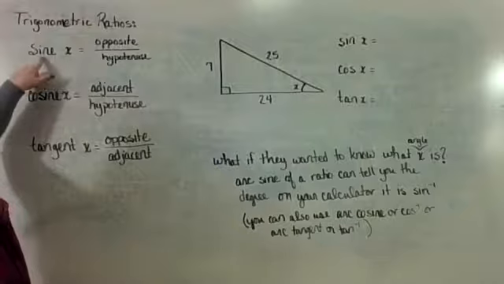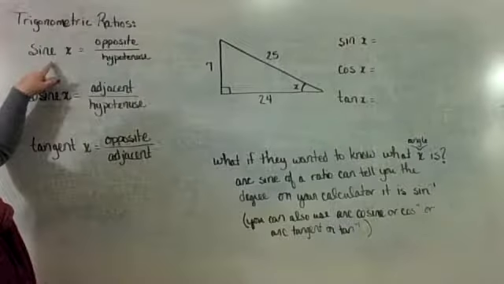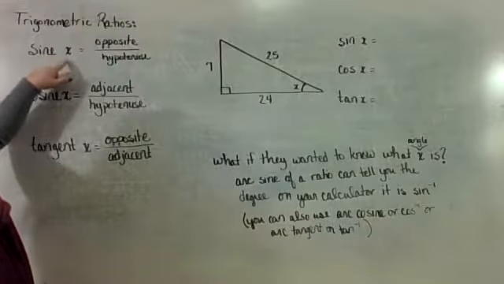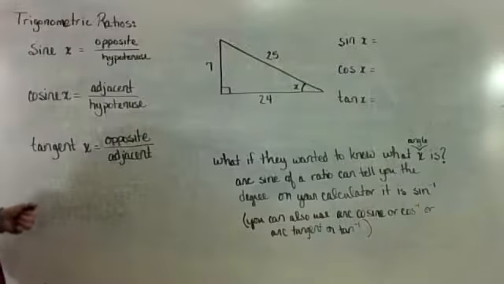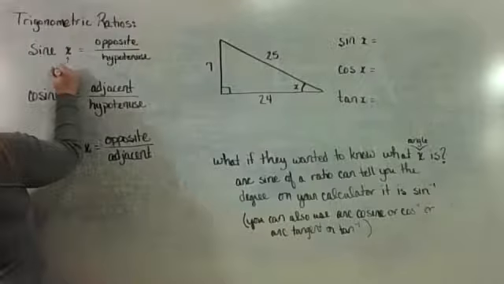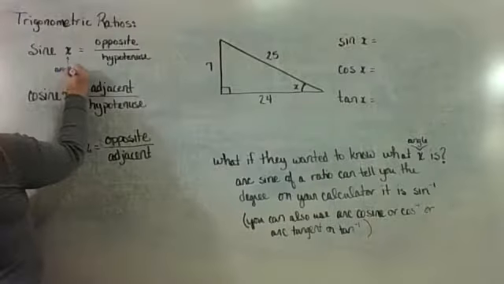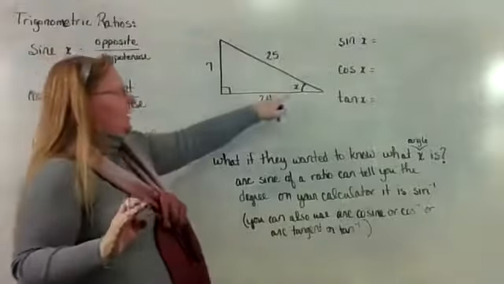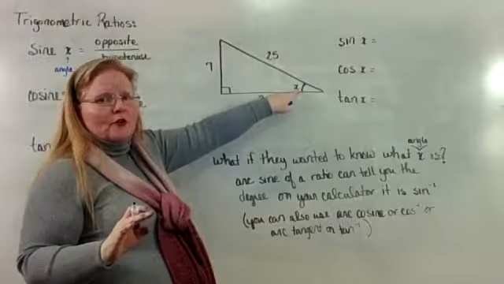But when we're talking about sine, and that's how it's pronounced, sine x, x is our degree. So x refers to our angle that we're talking about. Over here, my angle x is what I'm talking about.